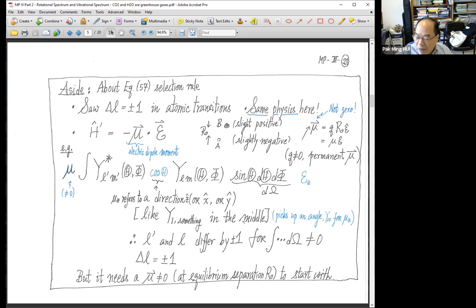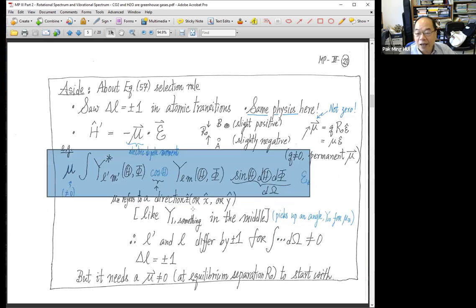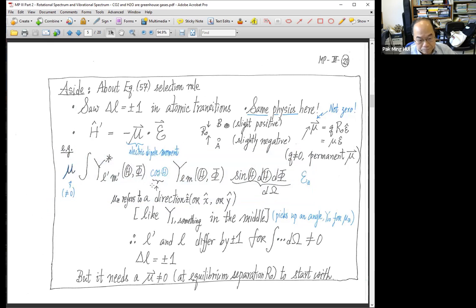So we have an integral. It should be R, theta, phi as well, but here we only care about the theta and phi integration. If you have an electric dipole moment, there will be a direction. Then you have an E field.